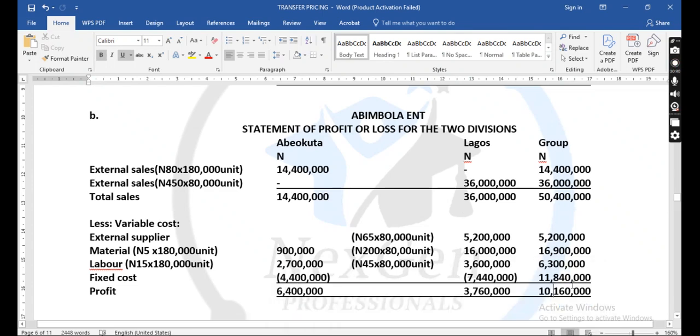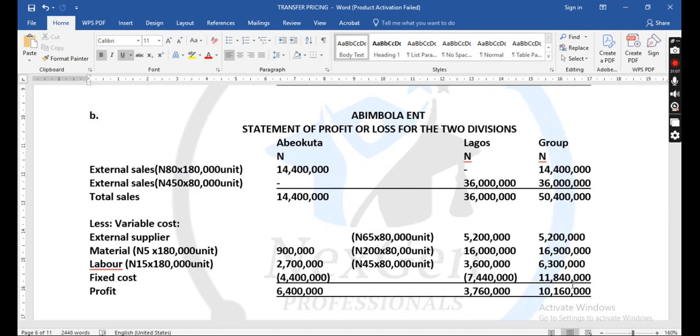Please, if you have a question based on this B part that we just did, unmute your mic. That means we are good now.